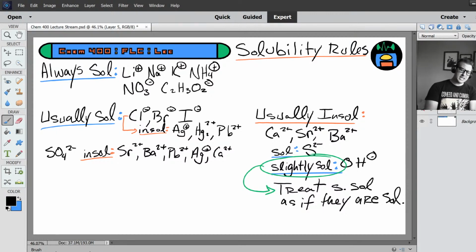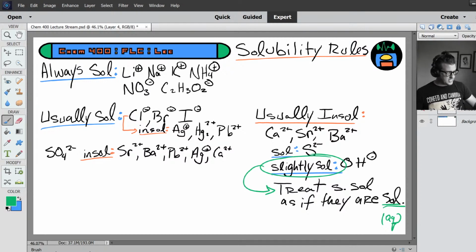So we're going to treat it as if they're soluble, but I wanted to mention that technically it's not pure solubility. You're still going to write them just in the aqueous phase, and you'll see them written in the aqueous phase. So I don't want there to be confusion. I wanted to make that clear distinction.